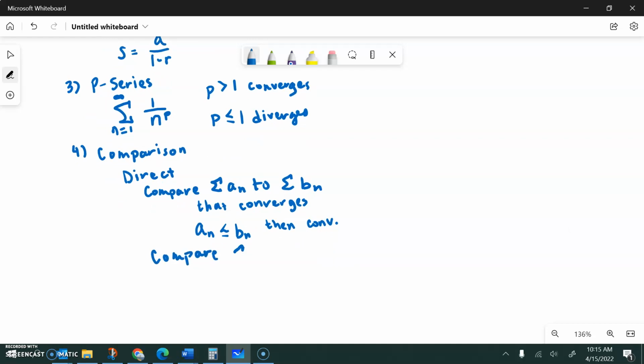So we can compare our series to a series that diverges. In that case, what we have to do is show that every single term of our series is larger than the terms of the diverging series. If we can show that, then we have divergence.